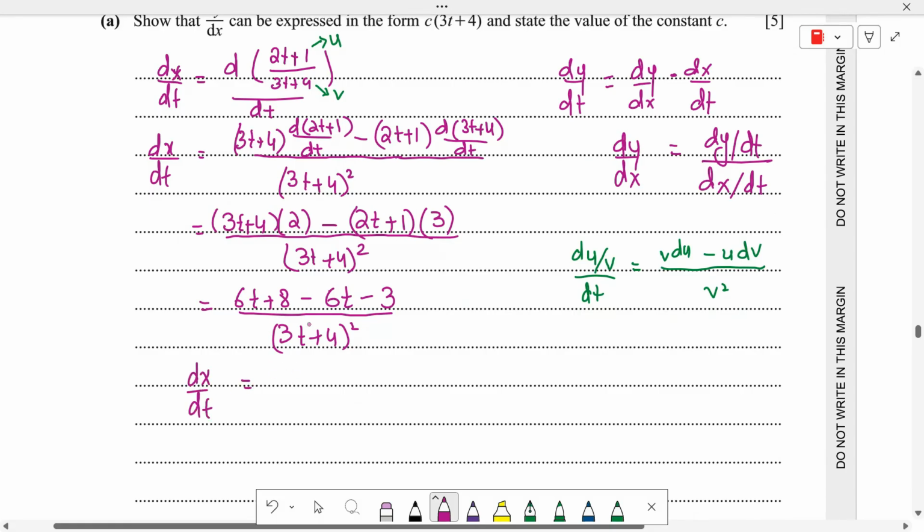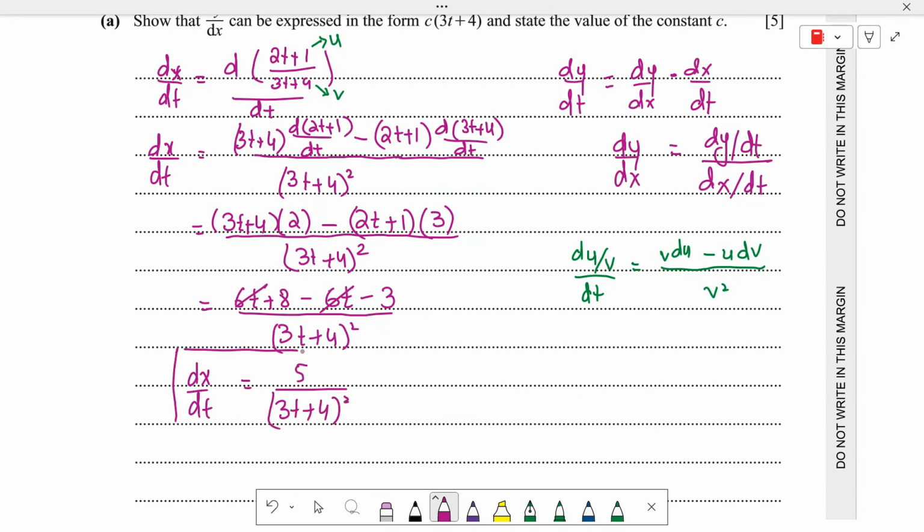The positive 6t cancels with the negative 6t, and we have 5 over (3t + 4) squared. So we have calculated dx/dt.